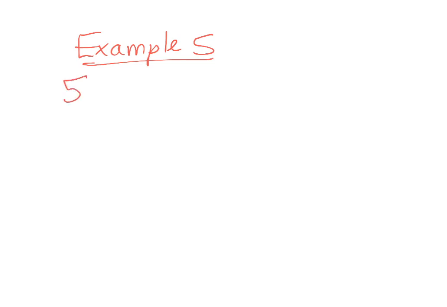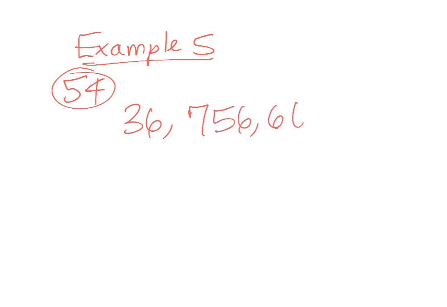So for number 54, which I will be doing, they say, according to the U.S. Census Bureau, the estimated population of California is 36,756,666, and they ask you to round to the nearest 100,000. So if they're asking you to round to the nearest 100,000, you ask yourself, where is the 100,000 place?